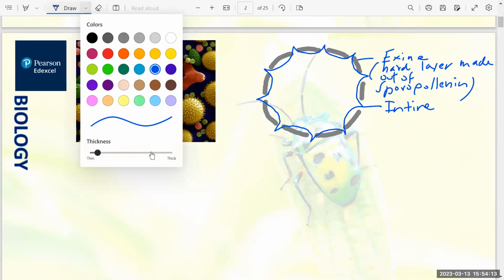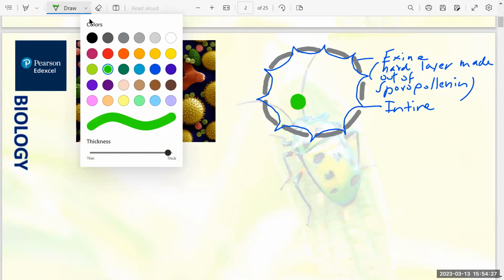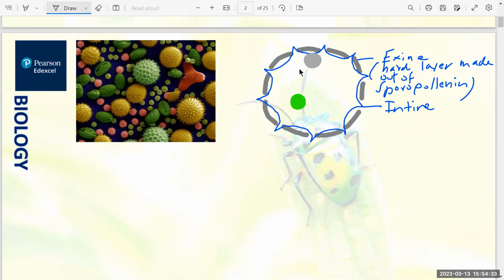Okay. Now it's important. Inside there are 3 nuclei. This is 1 and another 2 like this.